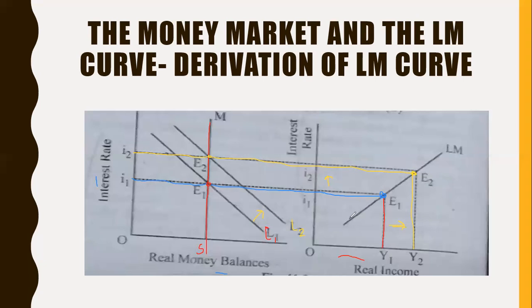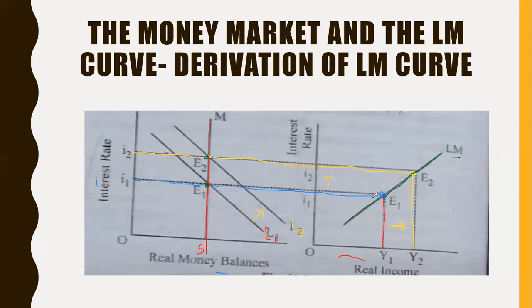अब अगर हम E1 और E2 को ज्वाइन कर दें और लाइन एक्सटेंड कर दें, we will get LM curve. In panel A, we arrive at equilibrium in money market, which is at E1 point and E2 point. Equilibrium कैसे मिला? Money demand intersecting with money supply curve.